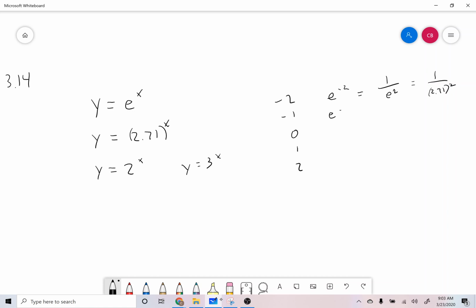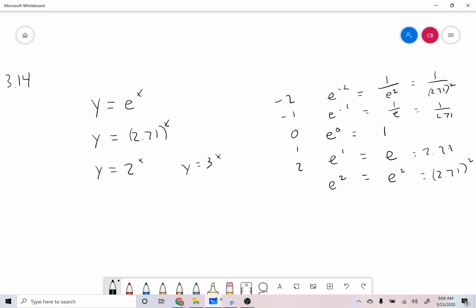If we do e to the -1, we have 1 over e, which is simply 1 over 2.71. If we do e to the 0, we have 1, because anything to the 0 is 1. E to the 1 is simply going to be e, which is equal to 2.71, and e squared is equal to e squared, and so that's going to equal 2.71 squared.